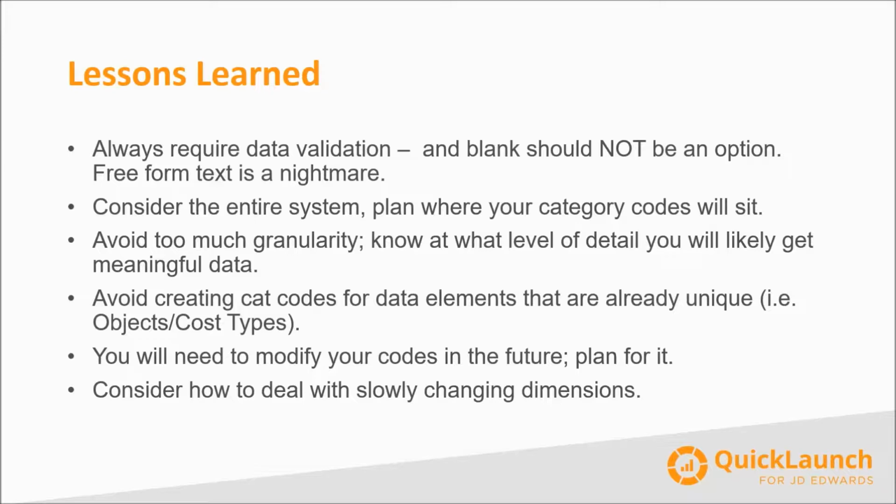Be careful about creating cat codes for elements that are unique, right? So cost types are unique. You don't make a cat code. So if you've got one labor cost code that is 1380, that is your object for labor. Do you need to have a cat code for labor in that case? 1380 is labor.